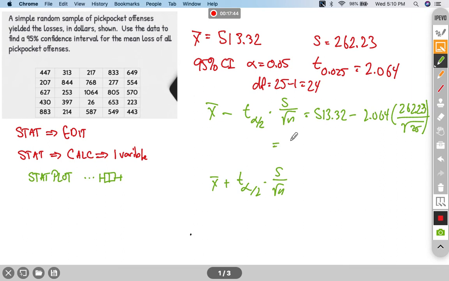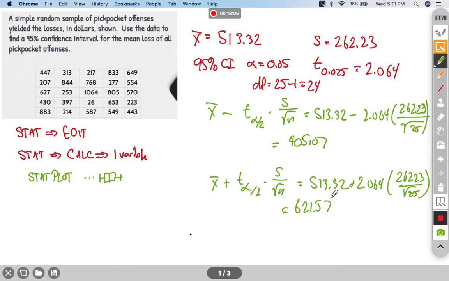That's going to give us a minimum value of 405.07. And here we do the same thing, 513.32 plus 2.064 times 262.23 over the square root of 25, 621.57.